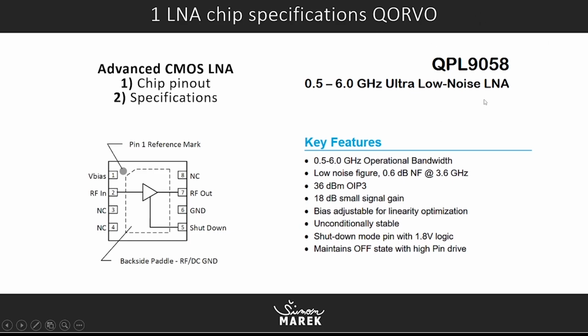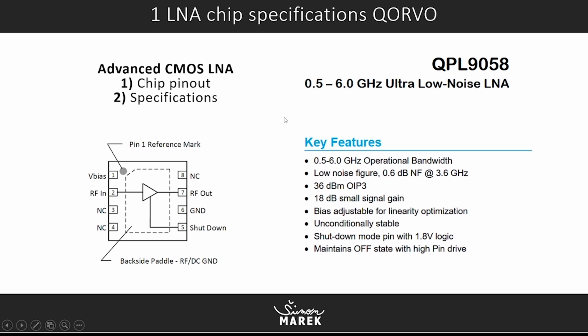This is our chosen RFIC chip, and I picked the datasheet and extracted the most interesting features and details and put it into presentation. So here is our chip pinout, which is amplifier here, and you have RF in and RF out, and ground pin and bias pin and shutdown pin, which is controlled by some DC signal, right?